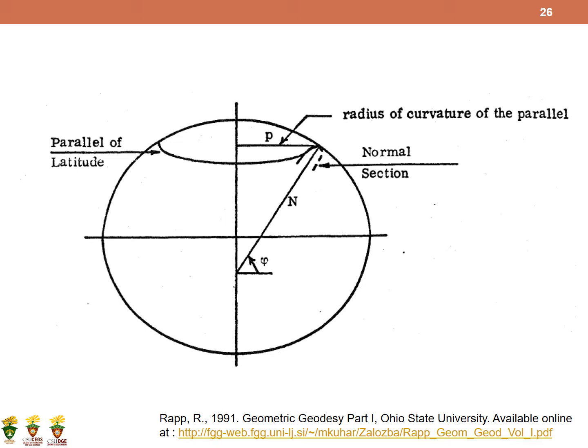And the distance from the z-axis to the point is denoted as small letter p. That's what we call the radius of curvature of the parallel.